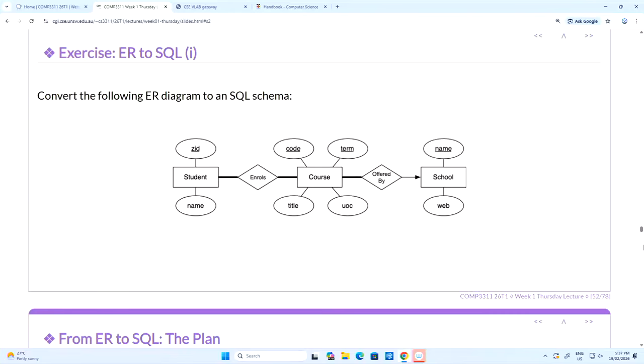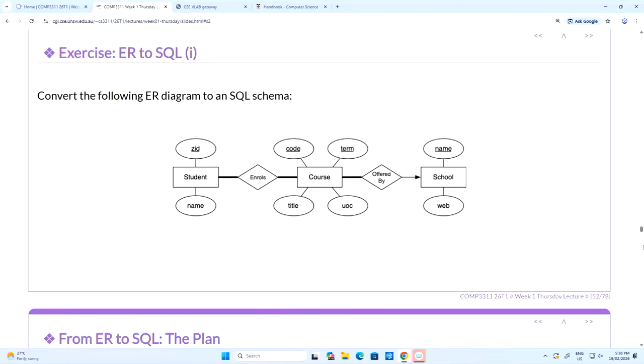That's very interesting. Why do you think that's the case? Do you think that's because of the cardinality constraint, or because of the participation constraints in the offered by relationship? It has to do with both, right? So this is a classic one-to-many relationship, and in this case, it is better for the course to record the school that is offering it, because each course corresponds to only one school.